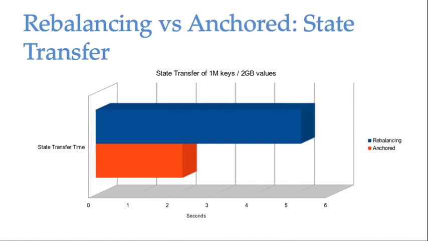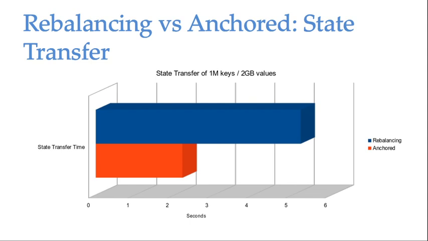So how does this perform? Let's look at the time that's required to perform a state transfer. During state transfer, we have 1 million keys and a total of 2 gigabytes of values, and these are 2 kilobyte values.